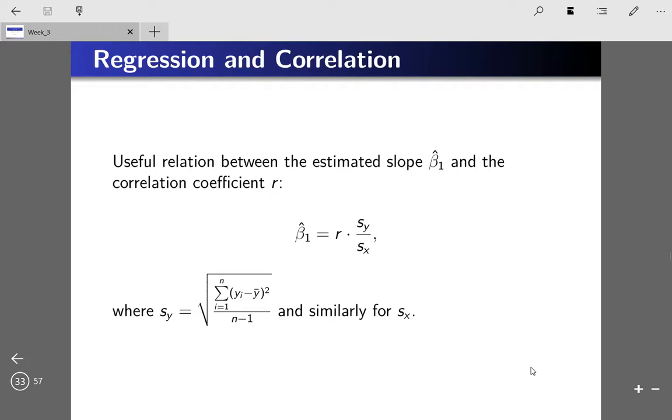Another useful equation for getting it, if we have other values such as the estimated slope, is to use this equation here. So we have the estimated regression slope is equal to R times the standard deviation of Y over the sample standard deviation of X. And the formula for the sample standard deviation is sort of this ugly looking thing.